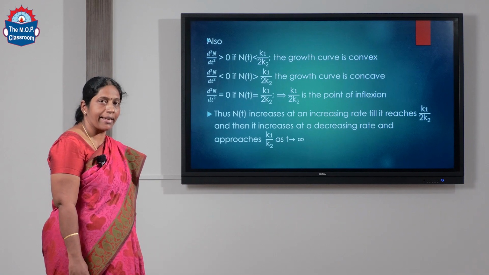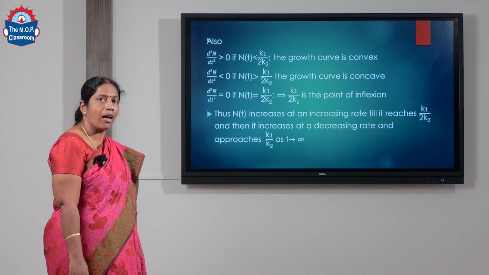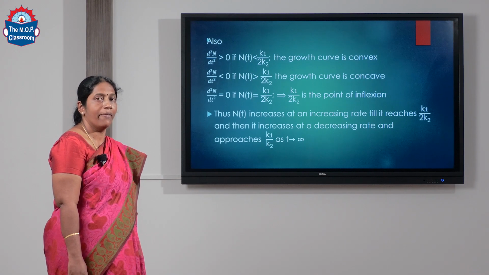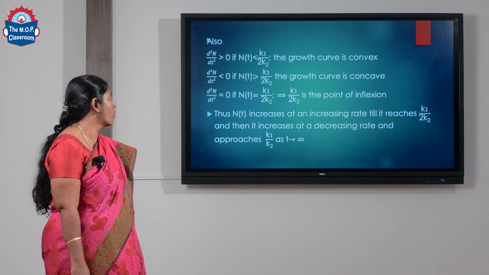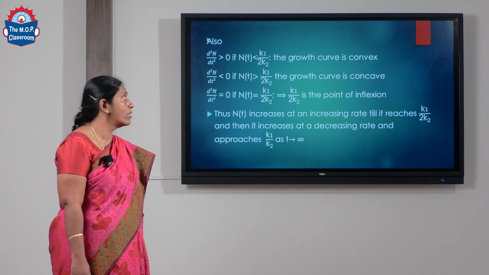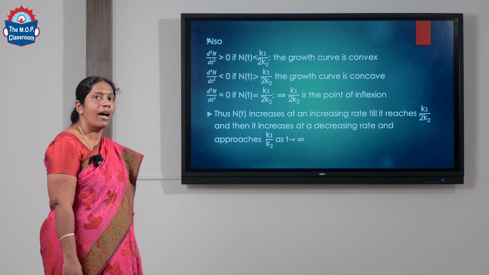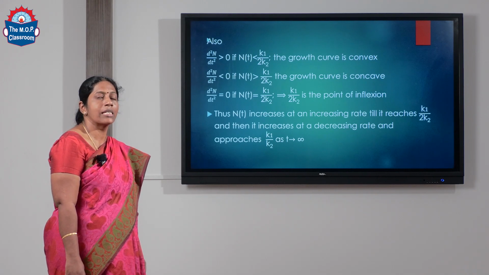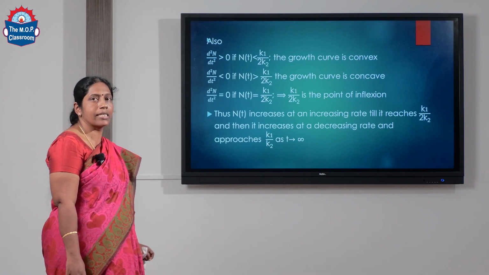Now considering the second derivative, if N of t is less than half of K1 by K2, we can see that d square N by dt square is greater than 0. That is, the growth curve is convex. Similarly, when N of t is greater than half of K1 by K2, that is half of the carrying capacity, d square N by dt square is less than 0.